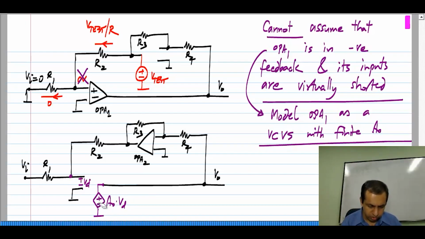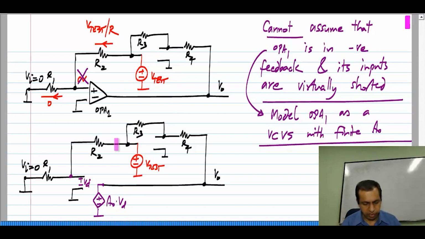Now, this is just the model for OPA 1. OPA 1 is in the circuit. OPA 2 has been removed, and I will apply V test over there, and this time I won't make the assumption that the input terminals of OPA 1 are virtually shorted. I just calculate whatever is there. By the way, Vi as usual is set to 0.